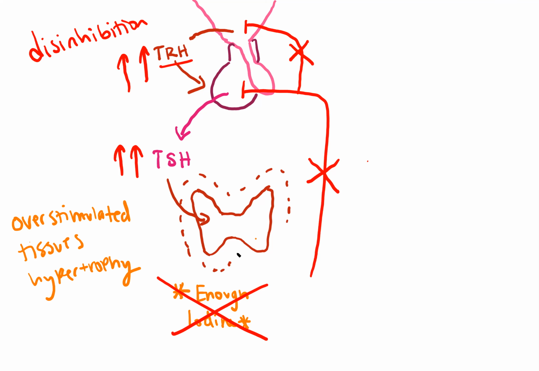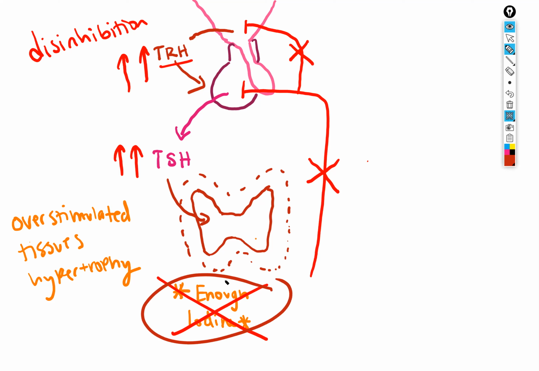And in an effort to do my best, I'm going to get bigger because I'm being stimulated so hard to make this thyroid hormone, except I don't have the necessary building blocks to make it. So I'm getting bigger for no reason. So that's how iodine deficiency gives you an endemic goiter. It's basically your hypothalamus and your pituitary yelling and screaming at the thyroid gland, hey, idiot, make thyroid hormone. And the thyroid is like, doing my best here, don't have the parts.